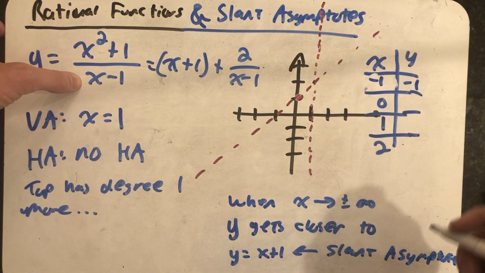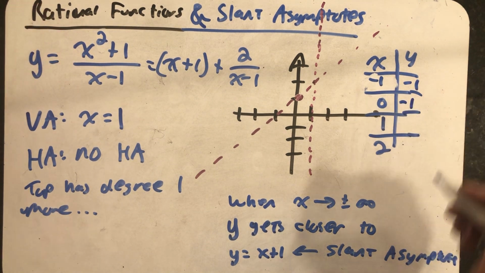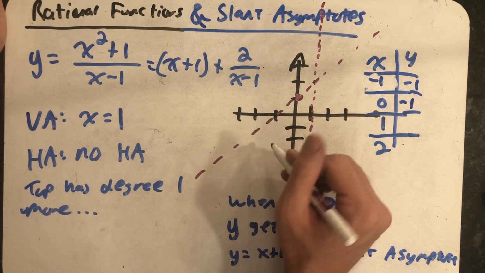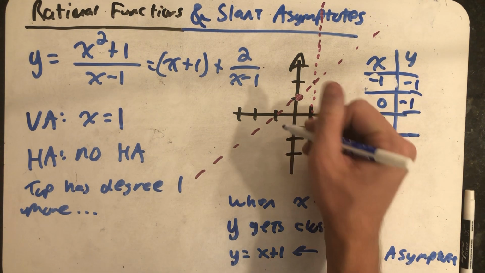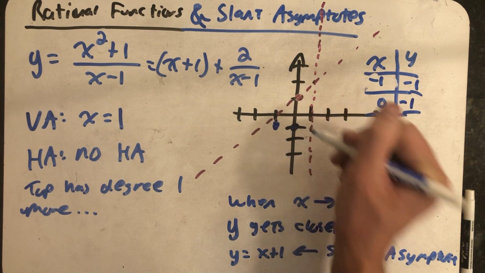If we plug in a 0, I'm going to get out a 1 over a minus 1, which is a minus 1. So at minus 1 I have a minus 1. At 0 I have a minus 1.